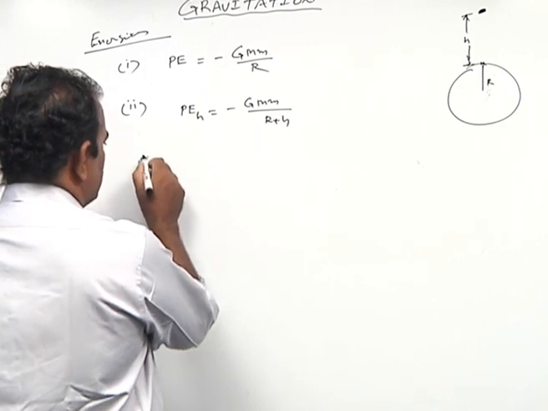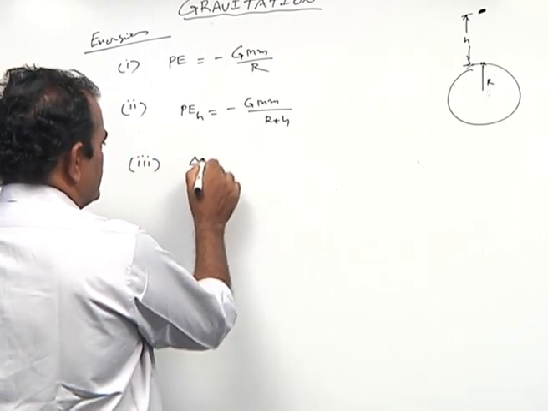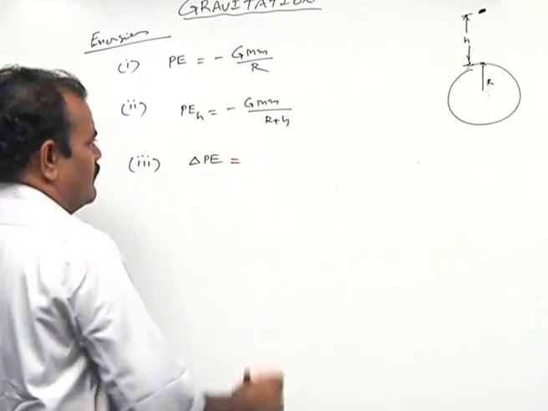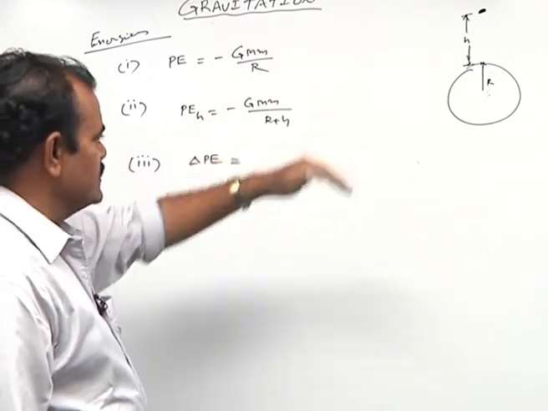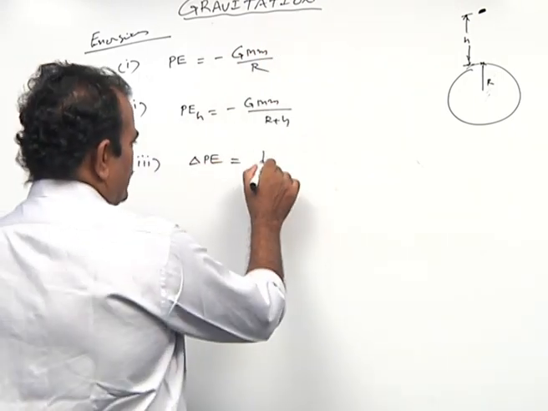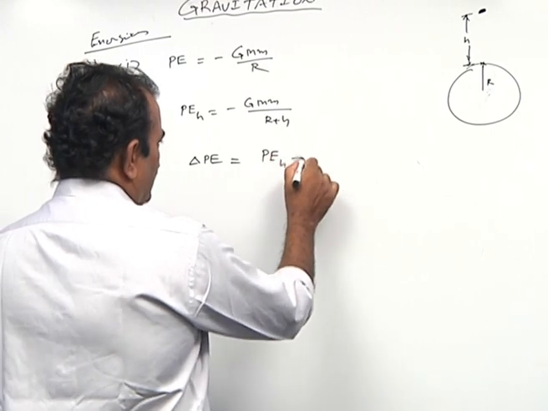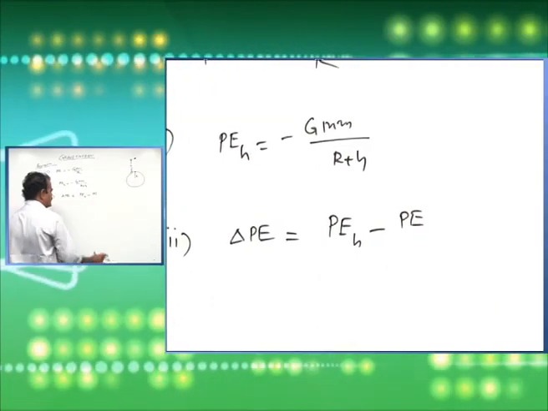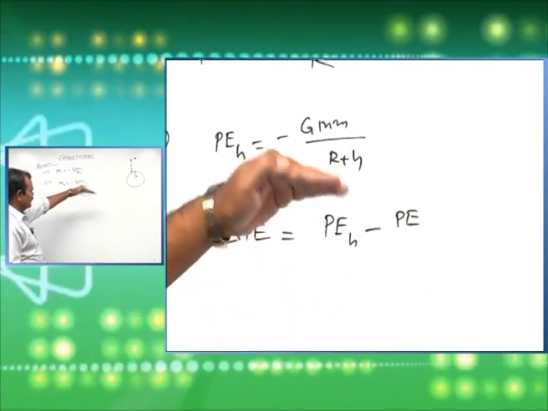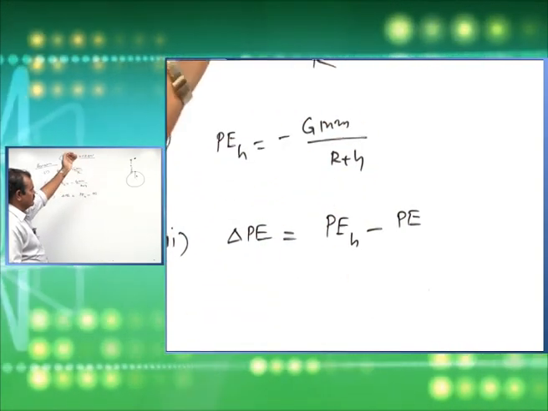Now we are coming to this delta PE. What is the change of potential energy from the surface to this height? This can be taken as PEH minus PE, because gravitational potential energy increases whenever the body is taken to heights.